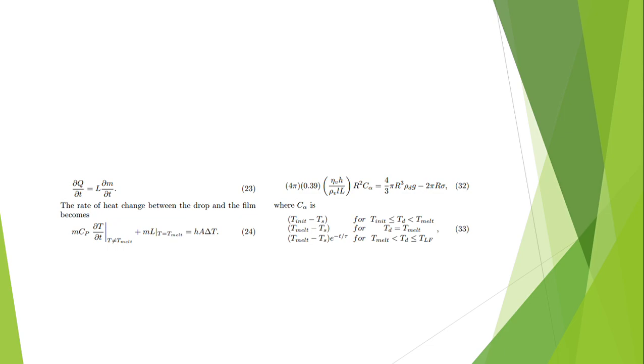And we conclude that T initial minus Ts, T melt minus Ts, and T melt minus Ts, over T, for T initial less than or equal to Td less than or equal to T melt; and for Td equal to T melt, and T melt minus Ts, over T, for T melt less than or equal to Td less than or equal to TLF.